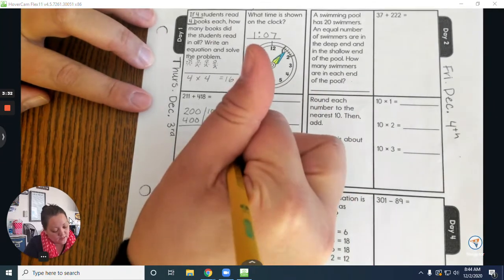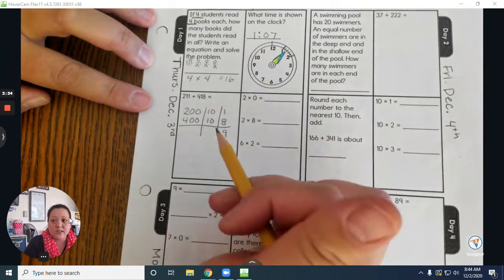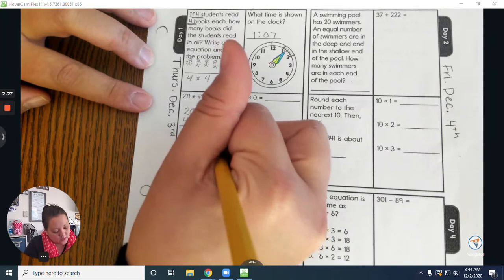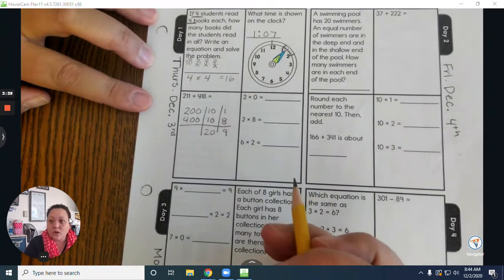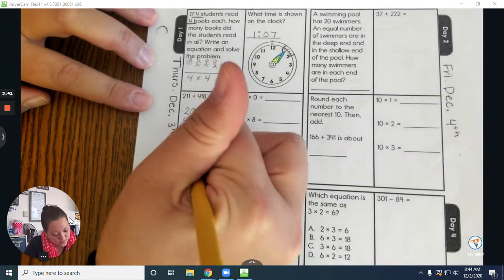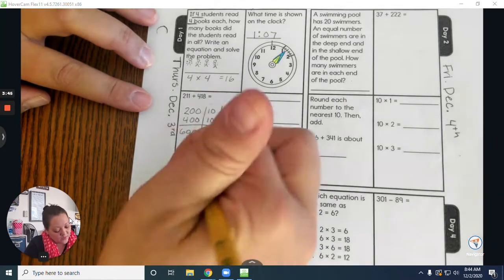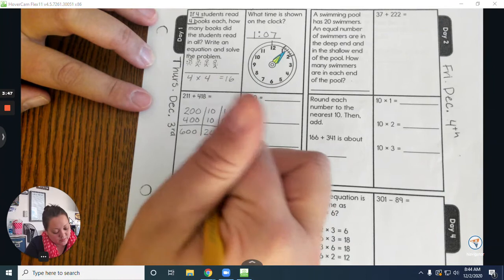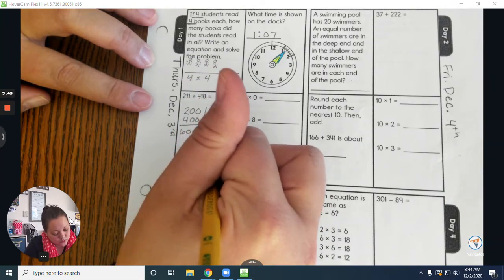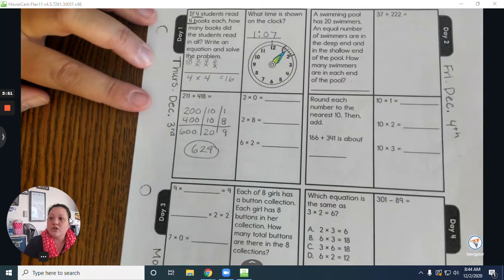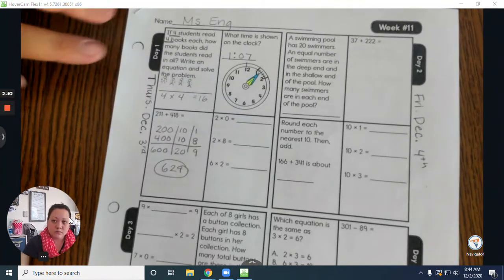Okay, 1 plus 8 is 9. 10 plus 10 is, that's easy, that's 20. And 200 plus 400 is 600. So now, in expanded form, I know that 600 plus 20 plus 9 is 629. So please show your work on that one.